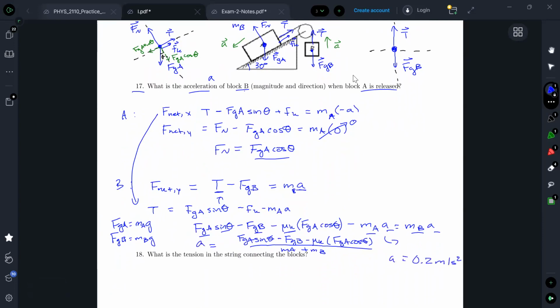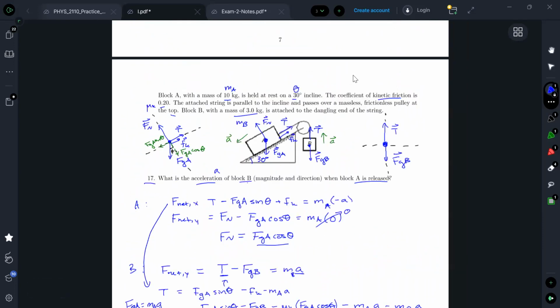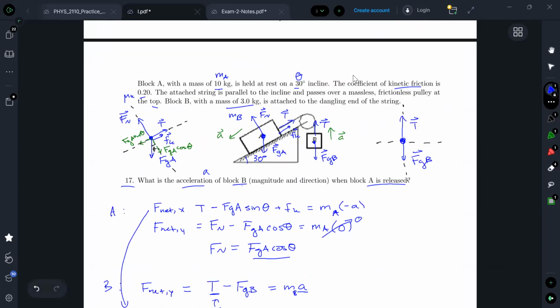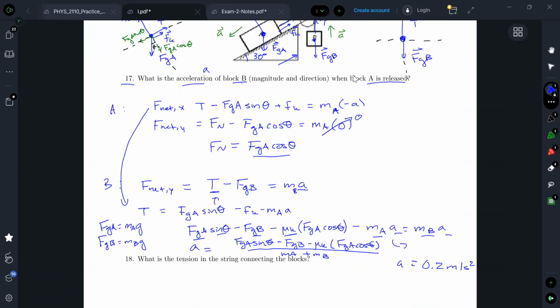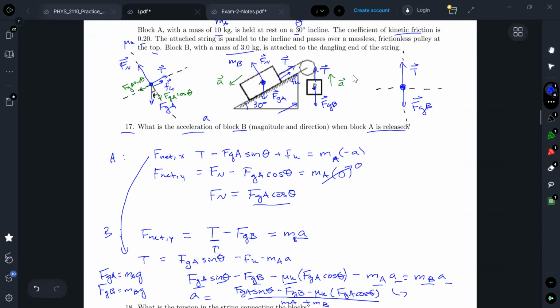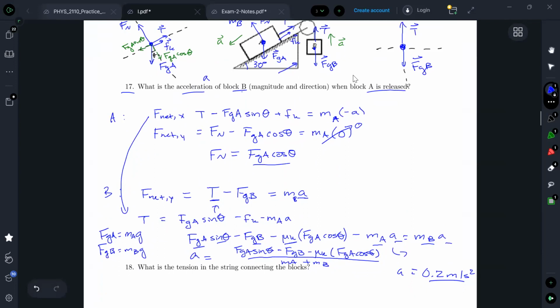And so I got a positive number. That means that my acceleration should be actually up the incline, right? My acceleration was actually positive, and so should point along the, oh, no, I'm sorry. That is the correct magnitude.